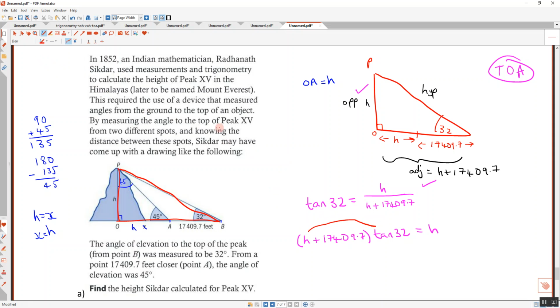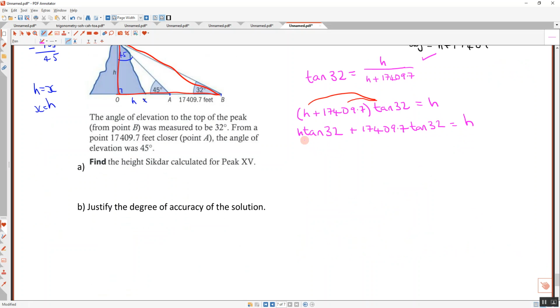The h times tan, and then 17409.7 times tan. So h times tan is just h tan 32 plus 17409.7 times tan 32, and this still equals h.